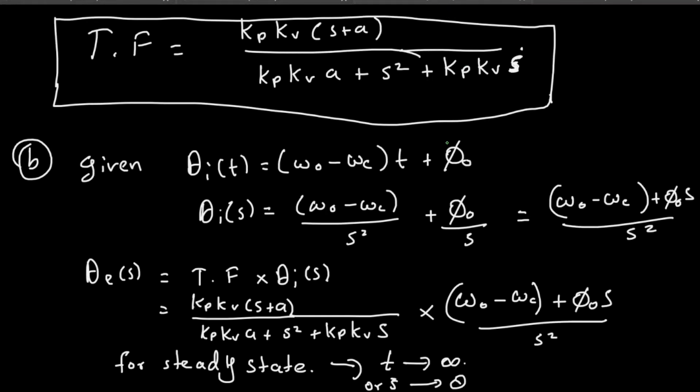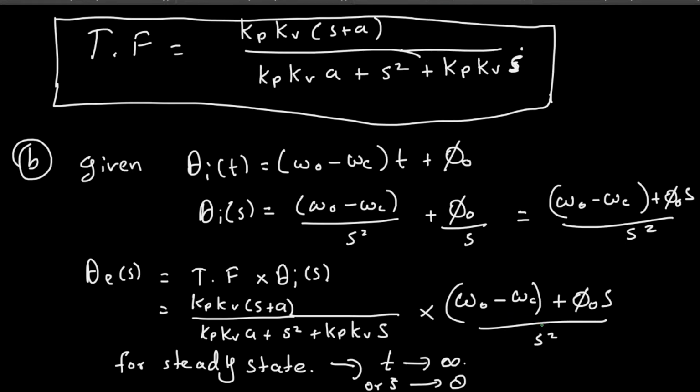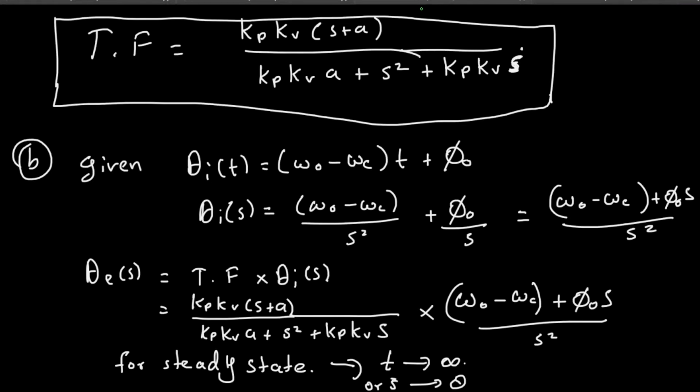Okay, that is for the transfer function, and then we have this one as well, that is omega naught minus omega c plus phi naught s divided by s squared. Okay, that is what we have.